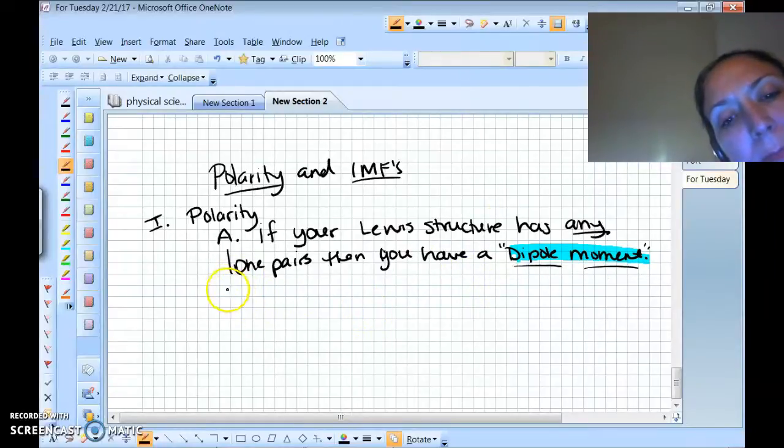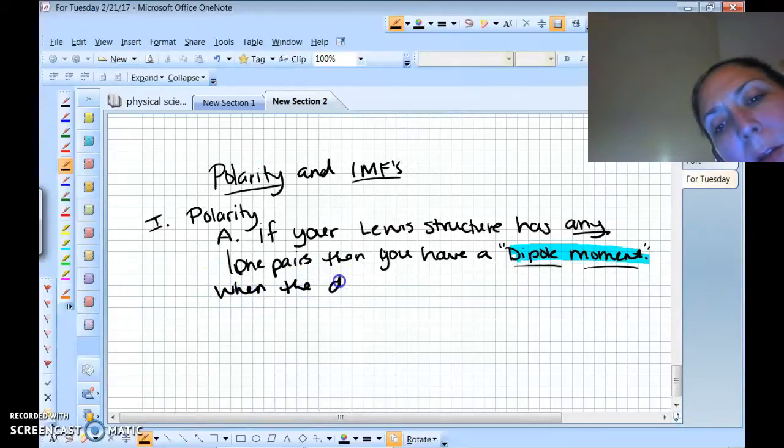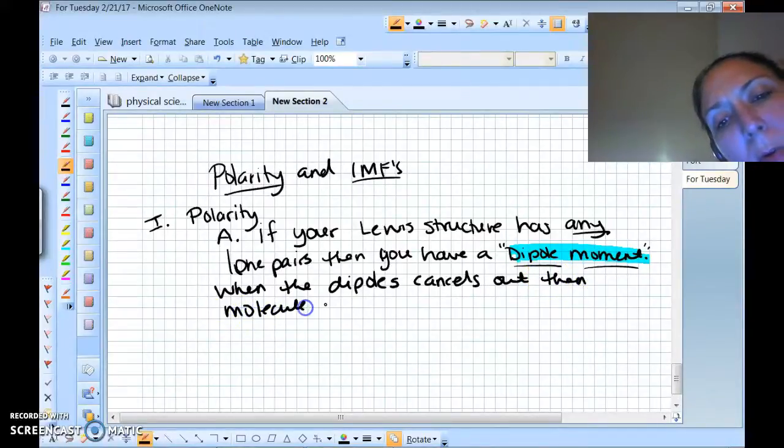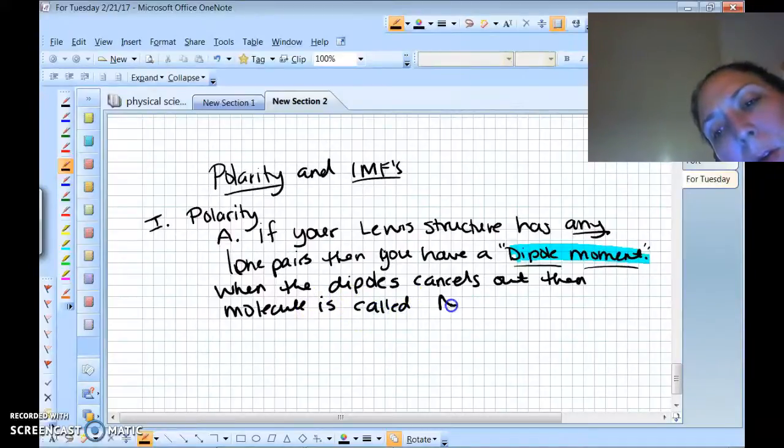Now, when the dipoles or the dipole moment cancels out, then your molecule is called non-polar.